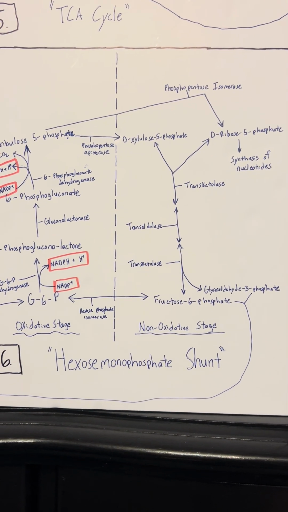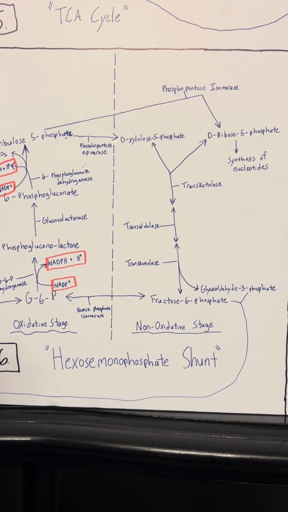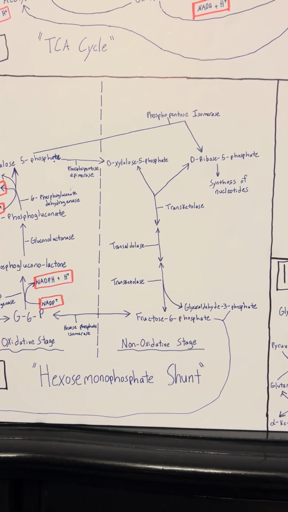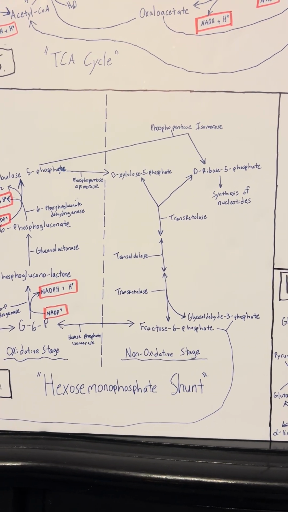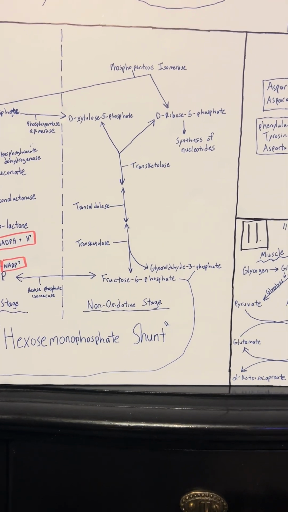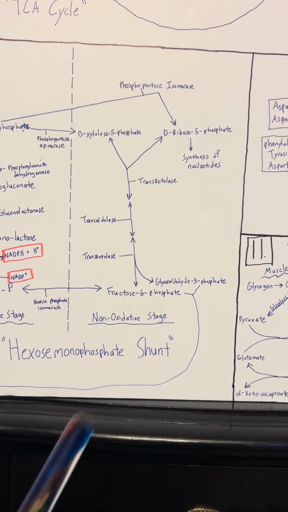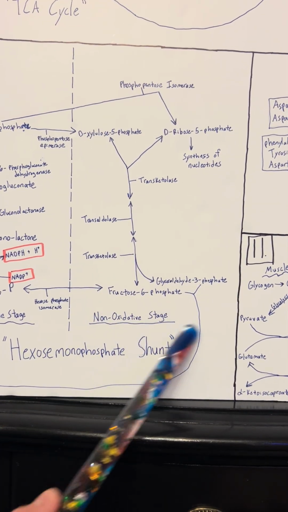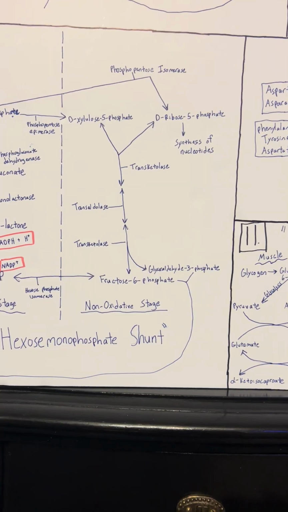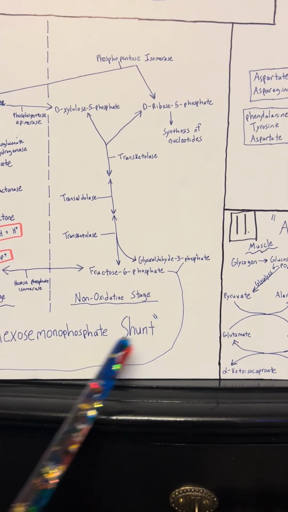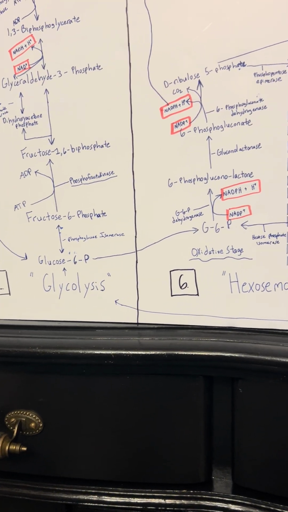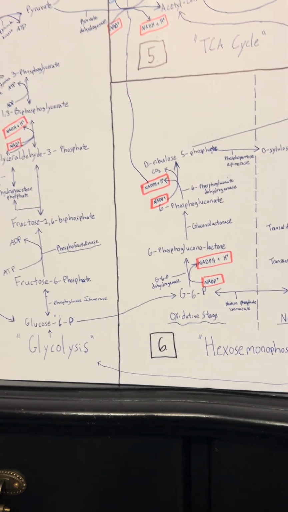Transketolase moves a 2-carbon unit between sugars, forming glyceraldehyde 3-phosphate. Transaldolase transfers a 3-carbon unit to form fructose 6-phosphate. Transketolase again acts to produce another fructose 6-phosphate and glyceraldehyde 3-phosphate right here. Fructose 6-phosphate and glyceraldehyde 3-phosphate can re-enter the glycolysis pathway as well, or be converted back to glucose 6-phosphate to go through the whole synthesis.